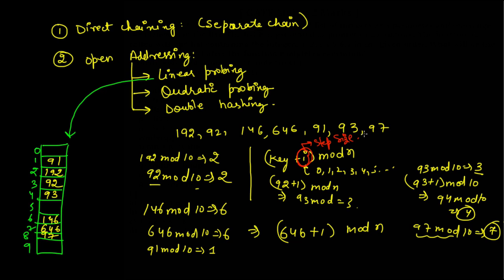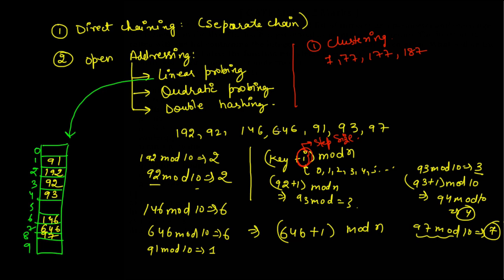Okay, but there is one problem with this linear probing, and the problem is called clustering. So what is this clustering? Assume that you are having a hash table, right, and you are having some data. So assume the data is 7, 77, 177, 187 and so on.